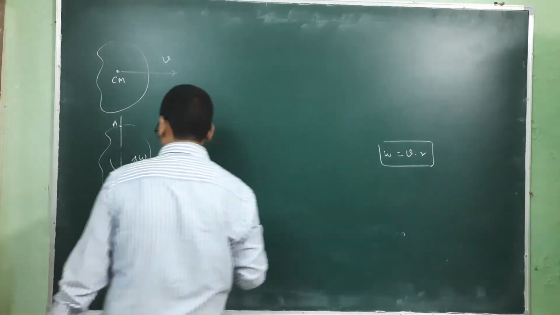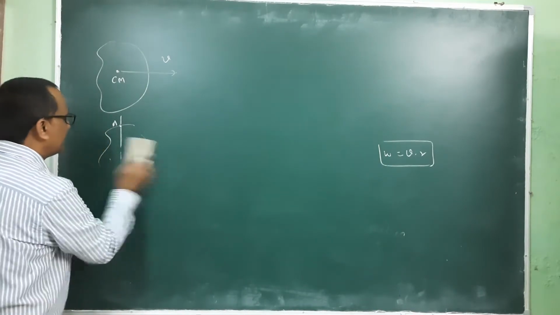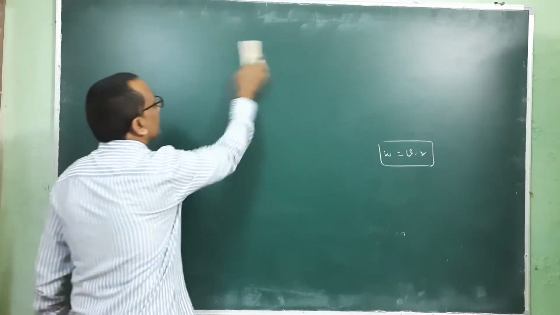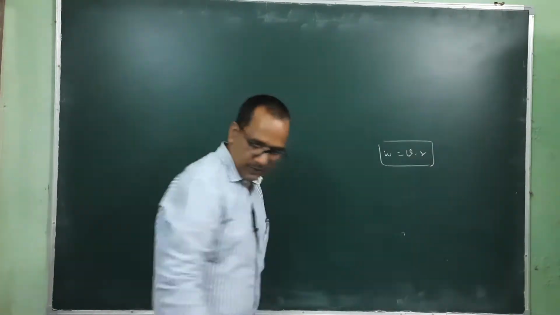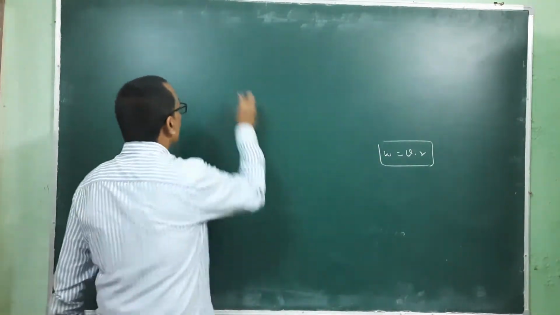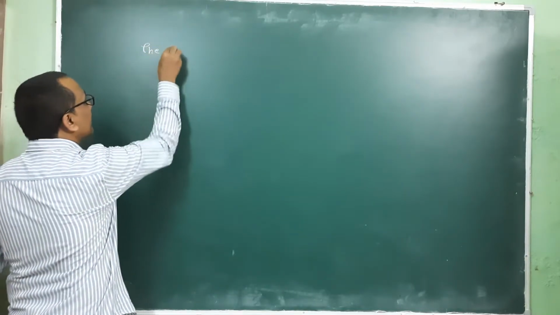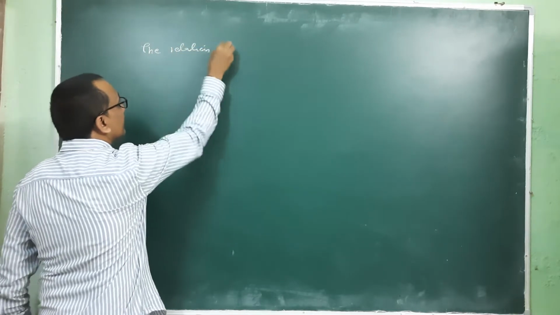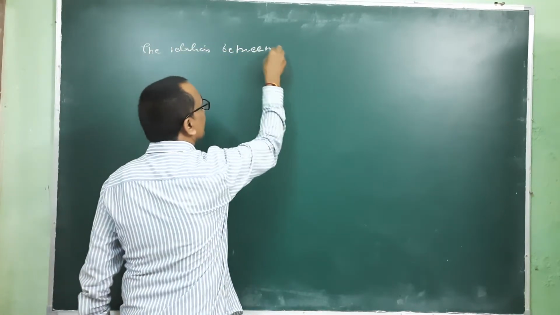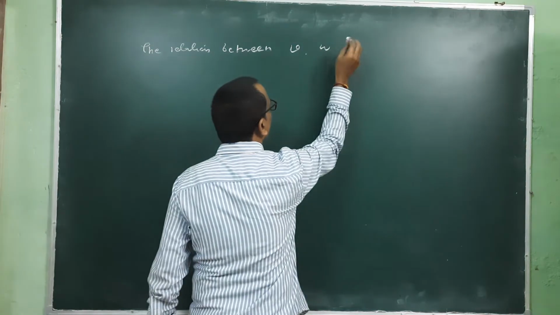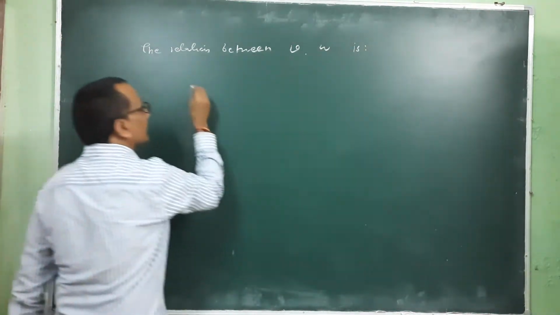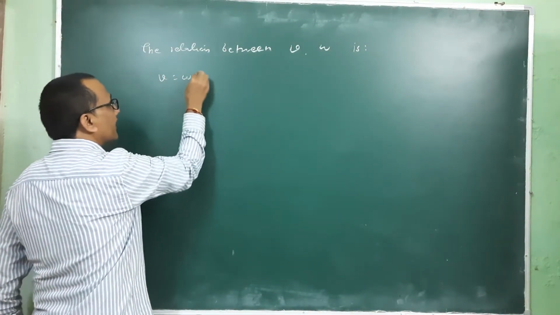So we have the vector product as a cross product. The relation between linear velocity v and omega is that v is equivalent to omega r.